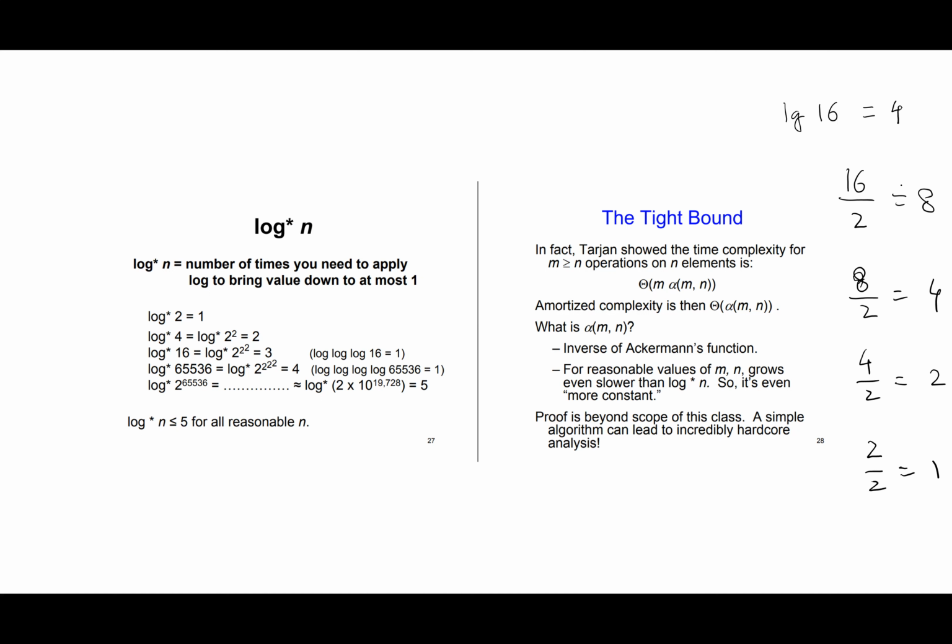So from 16 we divided and it became 8. Then we divide 8 again, it became 4. We divide it again, it became 2, and then we divide, it becomes 1. So how many steps? 1, 2, 3, 4 steps, right? So that's why log 16 is 4. That is log. Now what is log star?